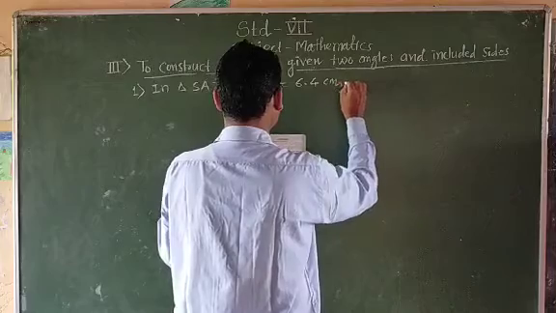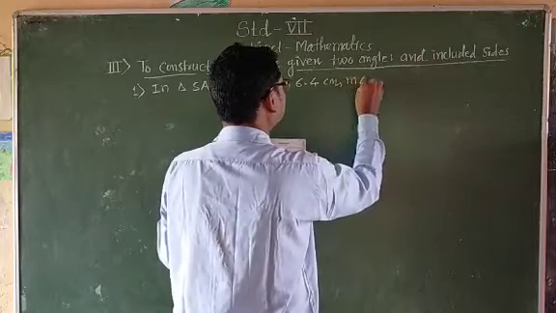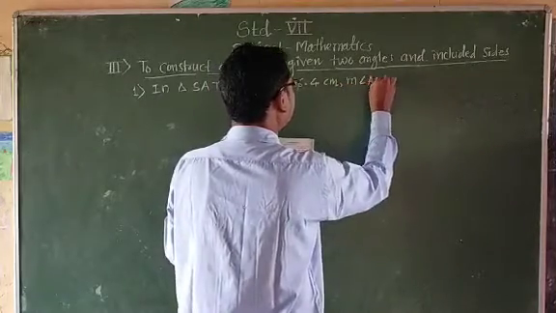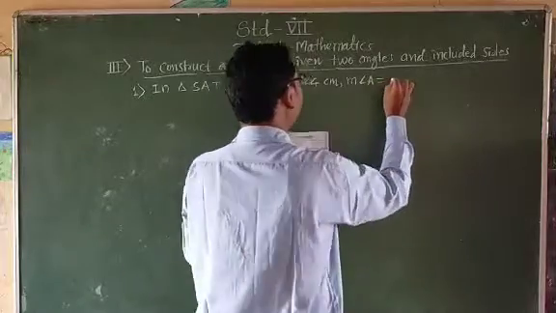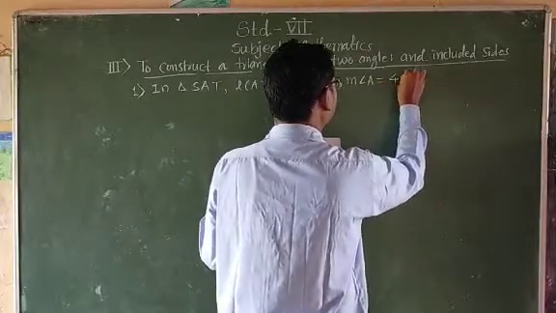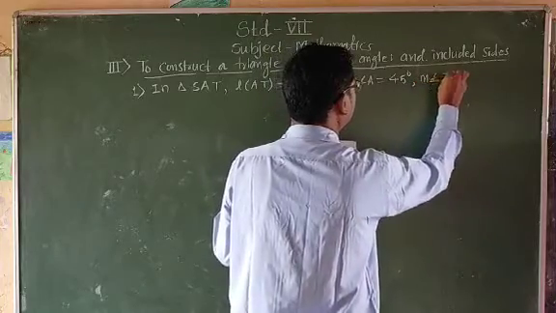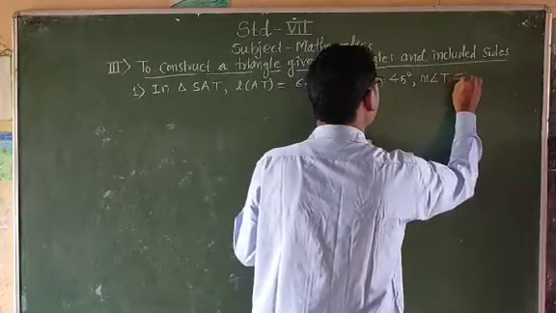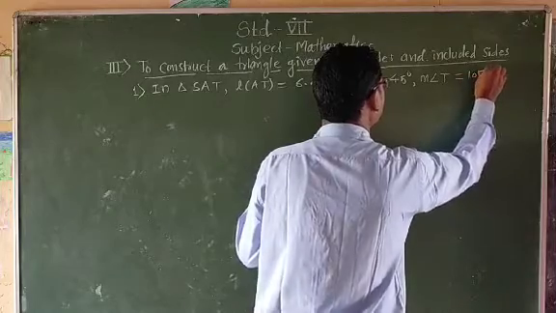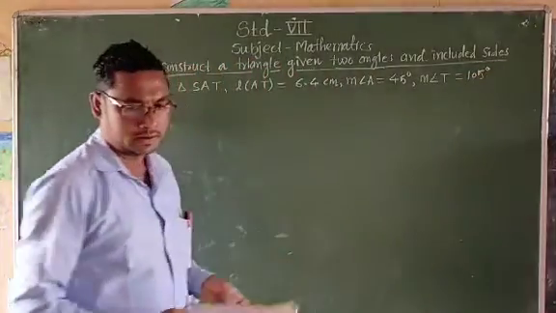Measure of angle A is given, that is 45 degree, and measure of angle T is given, 105 degree.